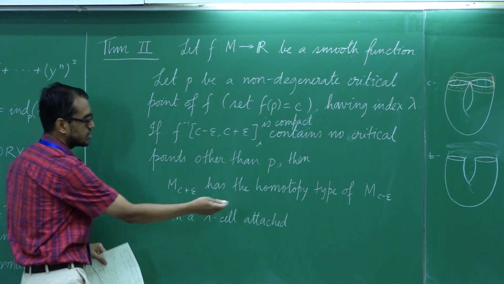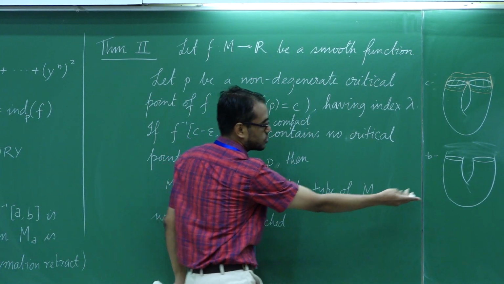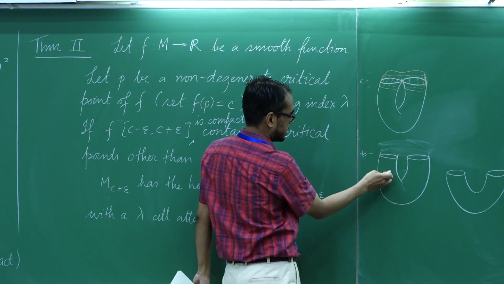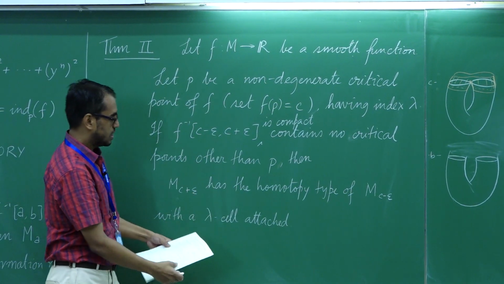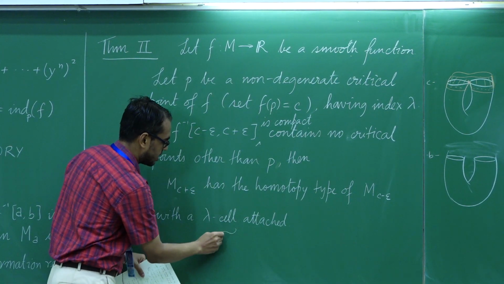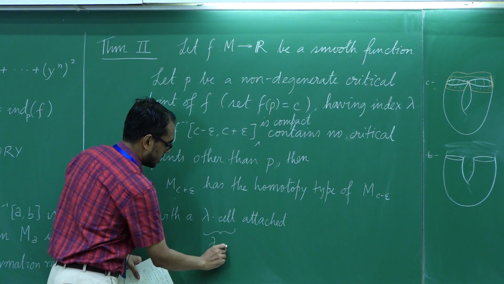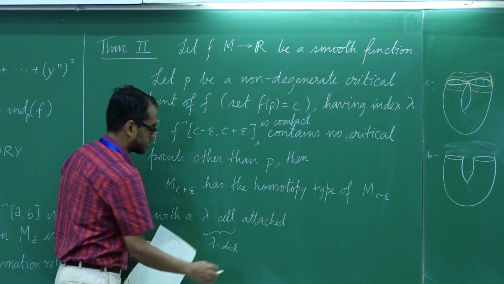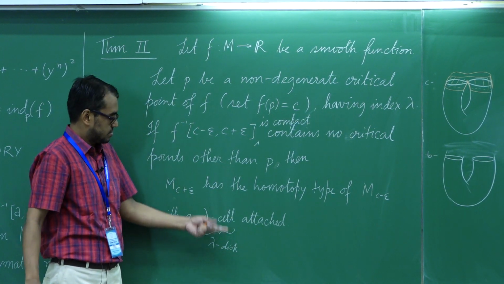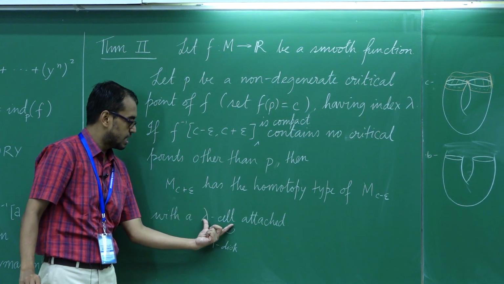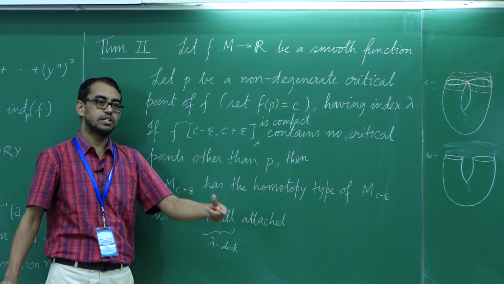So essentially what this means is you look at this thing, which would be, let's say, this amount, okay? And then you are attaching to that a lambda cell, which is nothing but a closed lambda disk. So I look at a closed disk of dimension lambda. That's the usual terminology to call it a lambda cell. So a 2-cell is a closed unit disk.